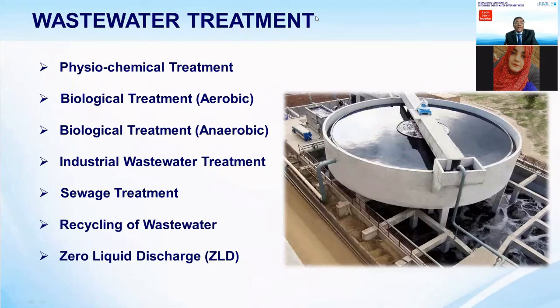We have to provide the living conditions to the microbes which we develop in the aerobic or the anaerobic condition. Therefore, it is critically important, whether we are using the anaerobic process or the aerobic process.